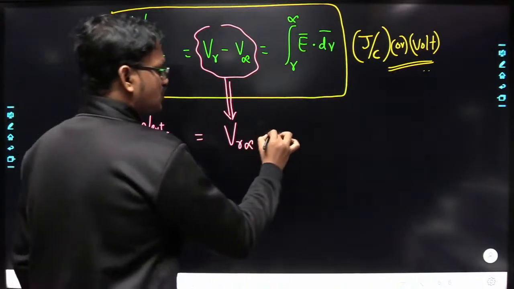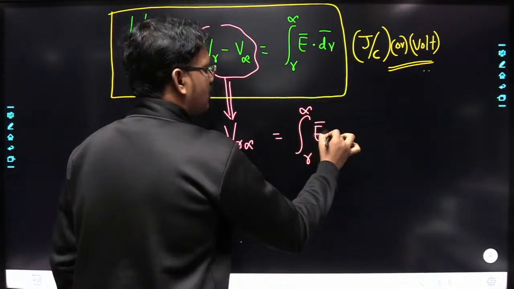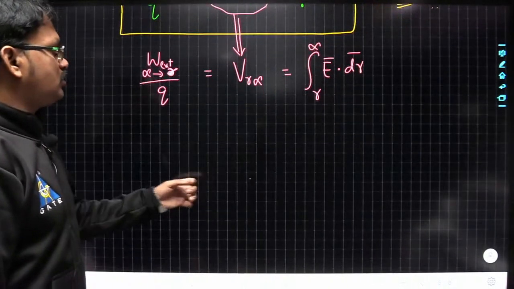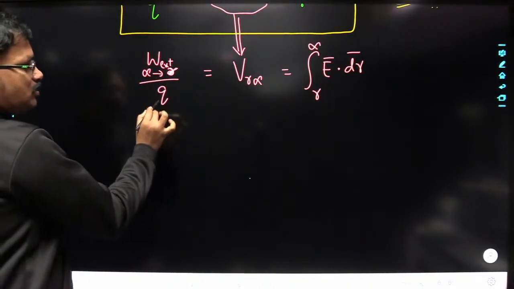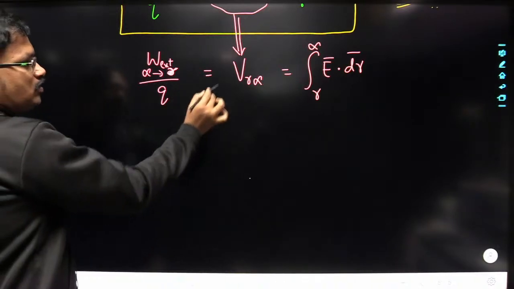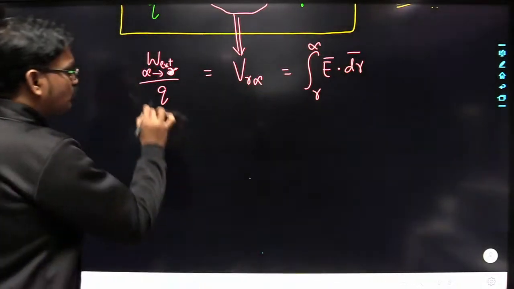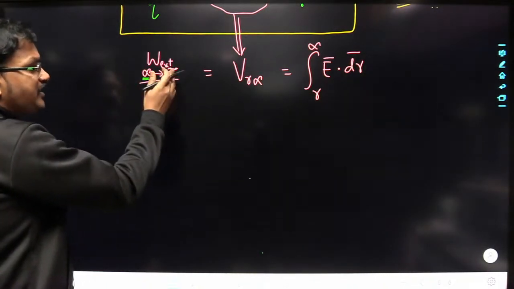So this is equal to the integral from r to infinity of E bar dot dr bar. So the work done in order to move the charge from infinity to r, by q, is equal to V_r∞. Whenever you are moving the charge from infinity to r, you have gained the potential.